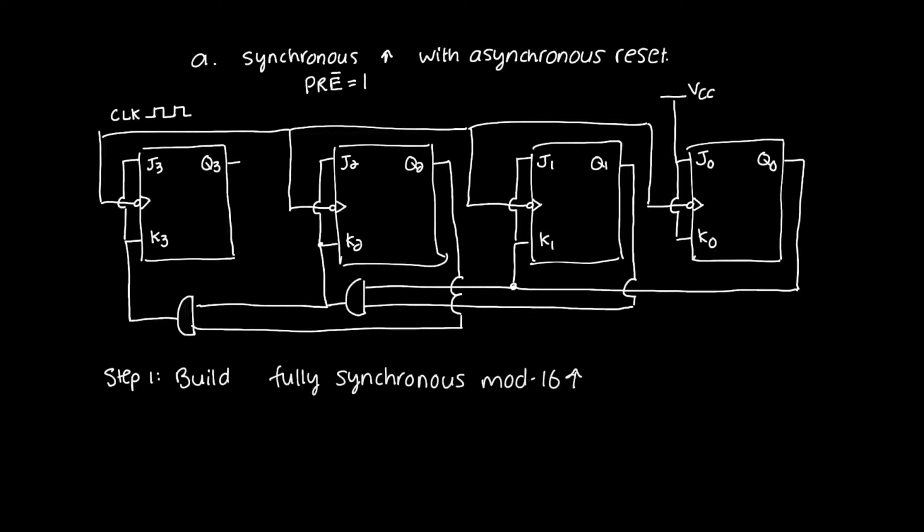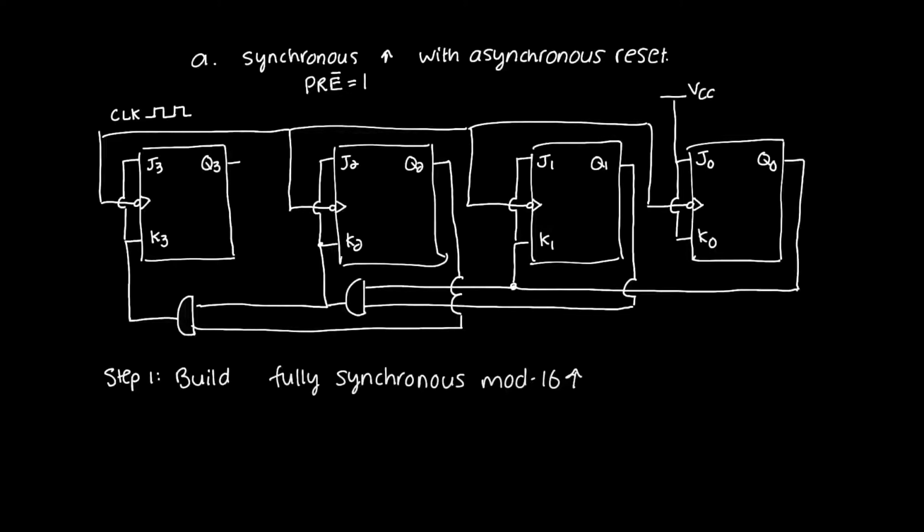If you're in doubt, wondering how I knew to do this, the reason is that I have previously done the excitation table, not in this video but in another video. When you do the excitation table for a fully synchronous natural number mod counter, you get this pattern.